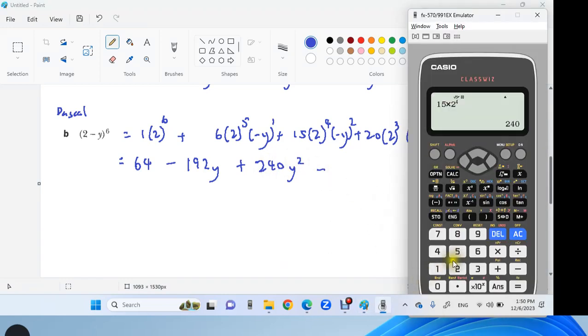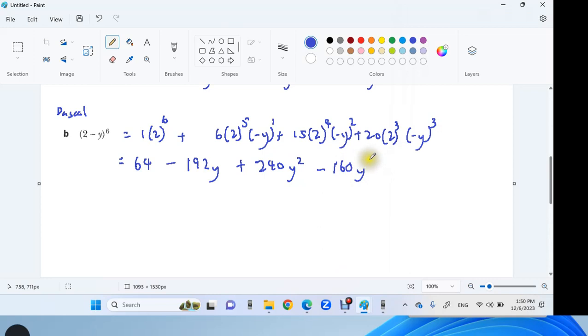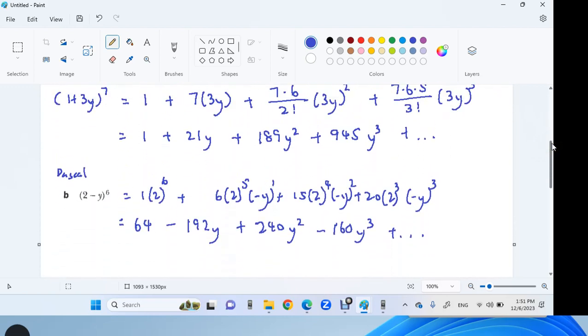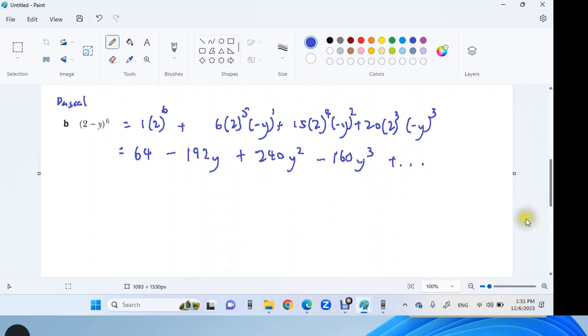And minus 20 times 2 to the power 3 is 160y to the power 3. It will become plus, minus, plus, minus, and so on, plus dot dot dot. That means we still have something behind. Okay, so this is Pascal.